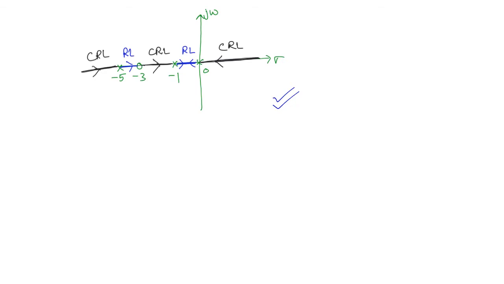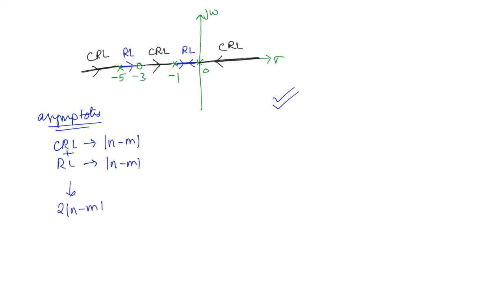Okay, so next we will move on to the asymptotes. Now for asymptotes, for the CRL you will have mod n minus m, and for the RL you will have mod n minus m. So total number of asymptotes for CRL plus RL will be 2 mod n minus m.